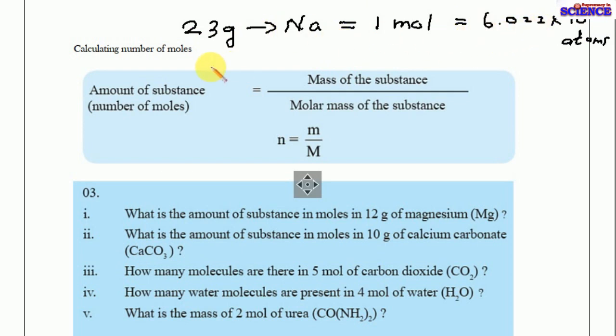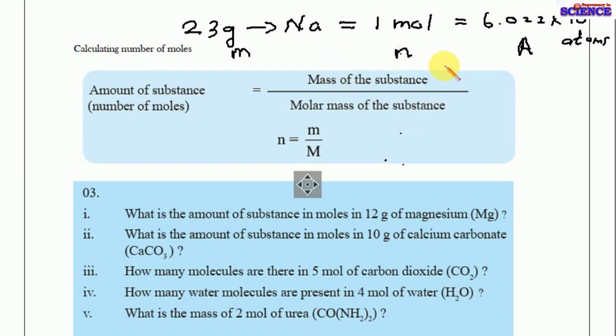So from this, you have the mass, you have the number of moles, and you have Avogadro's number here. From these two relationships, we can make an equation like this. That means if you have a certain mass, you divide that by the molar mass of the substance.